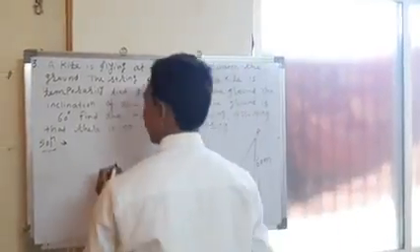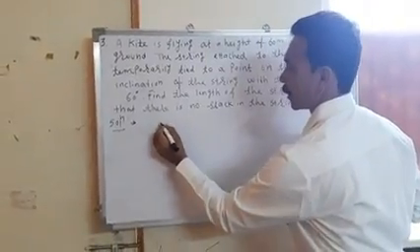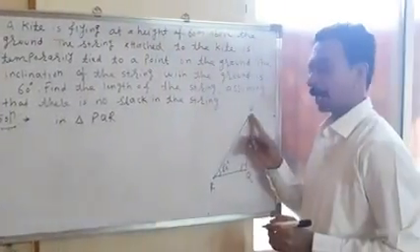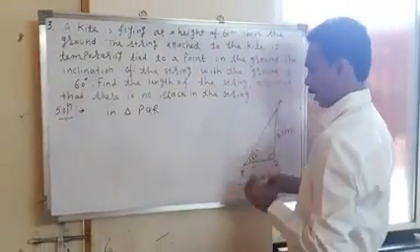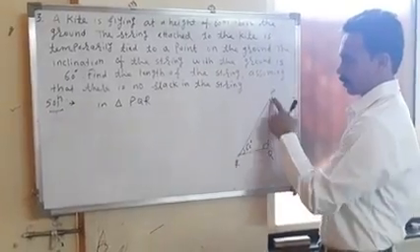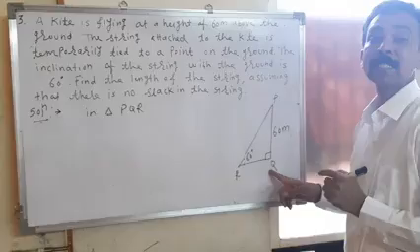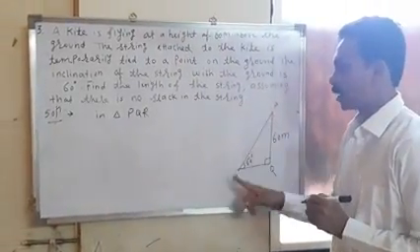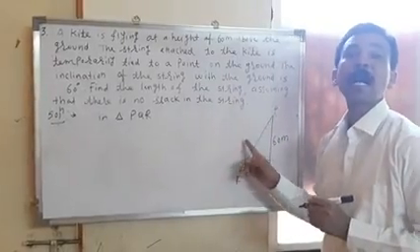Now I will solve here. In triangle PQR, now this is the reference angle. What is this? PQ is the opposite side because it is given. What we have to find? PR. What is PR? Hypotenuse.